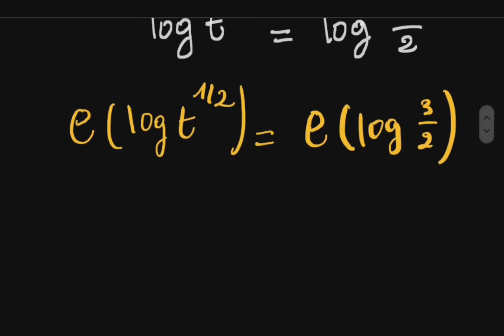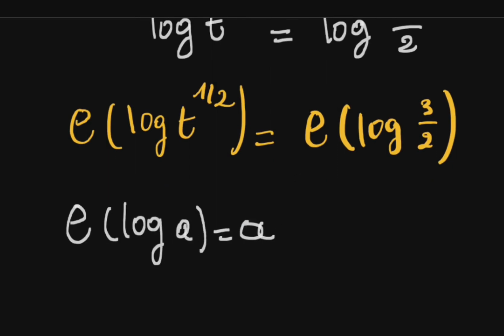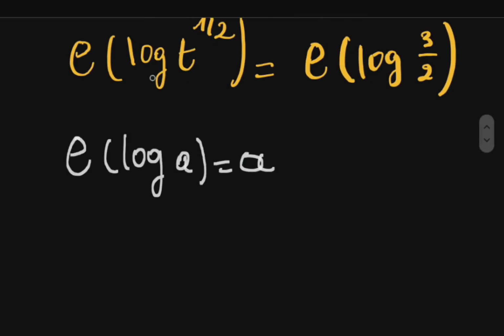Okay, then at this level we know that the exponential of the log of a is equal to a. This means that at this level we have t to the power half will be equal to 3/2.